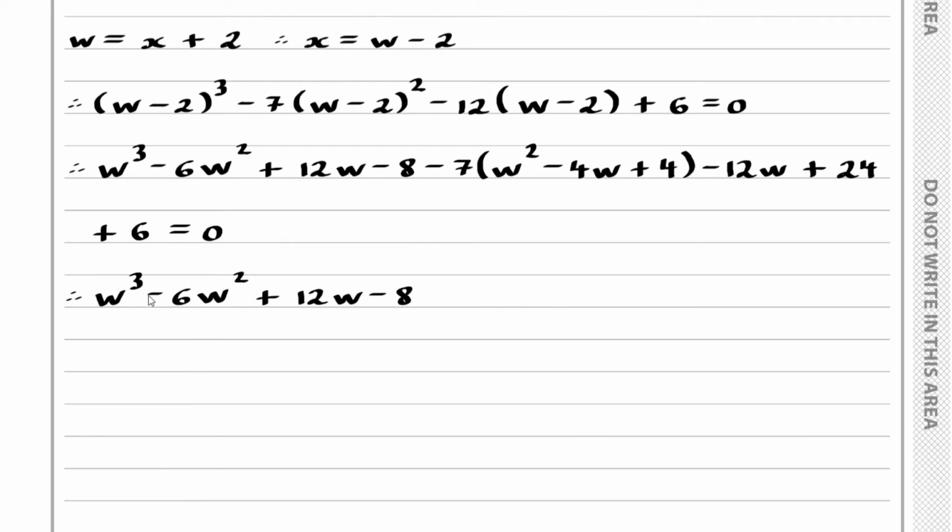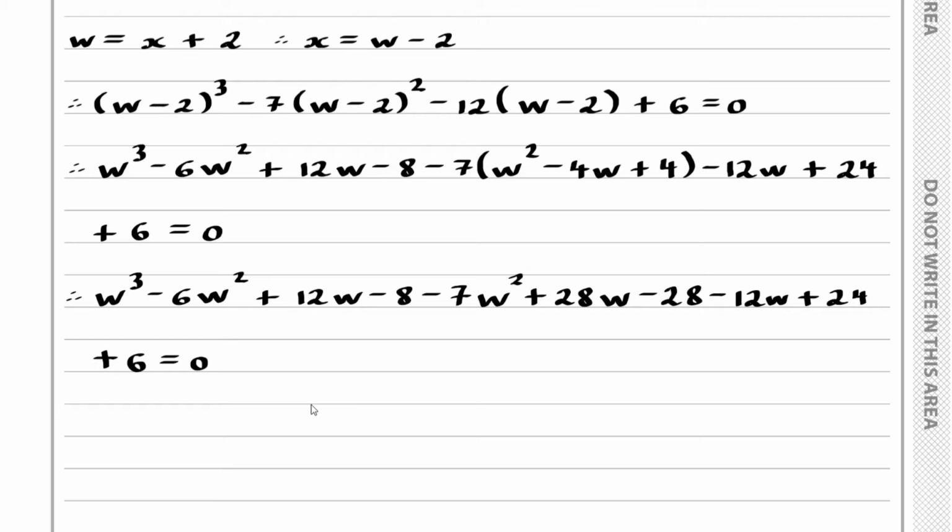So, we have w cubed subtract 6w squared plus 12w subtract 8, and then if I multiply this negative 7 into this bracket, we end up with negative 7w squared plus 28w subtract 28, and then we still have the negative 12w plus 24 plus 6, and this is equal to 0.